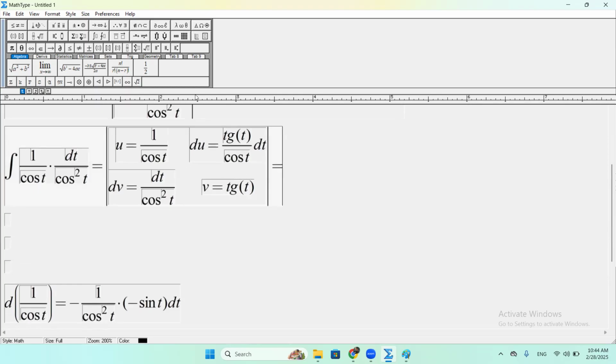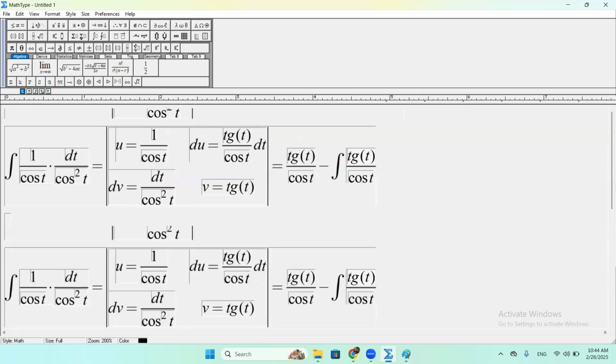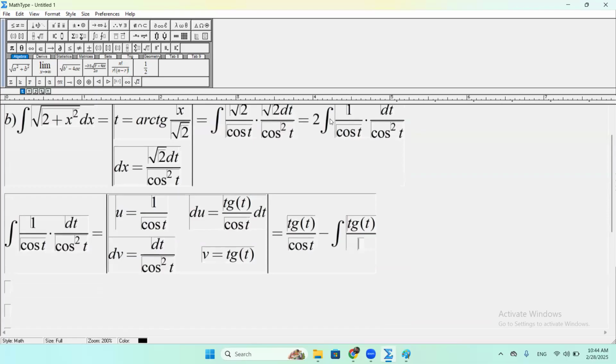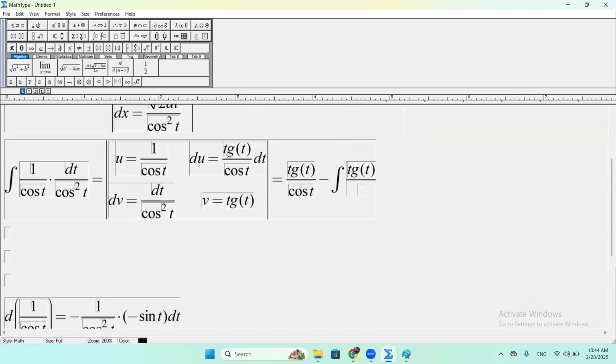And now let's integrate. So tangent of t divided by cosine of t, minus the following integral: tangent of t by cosine of t, and tangent square of t divided by cosine of t, because we multiply this.